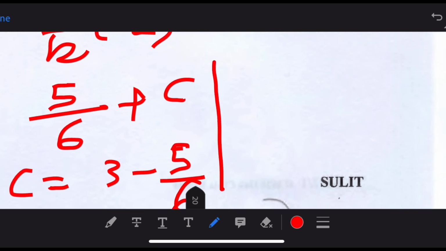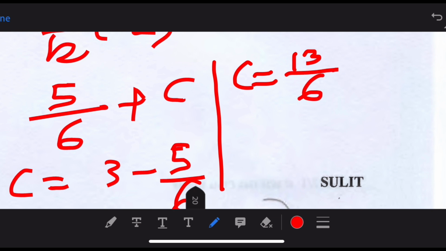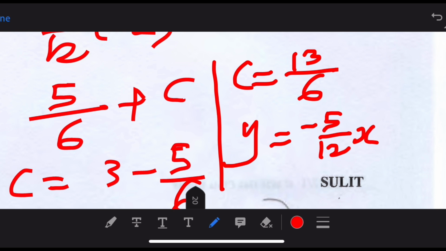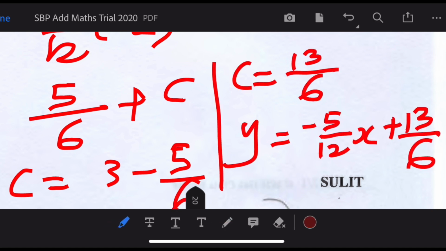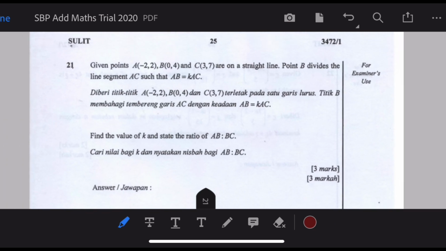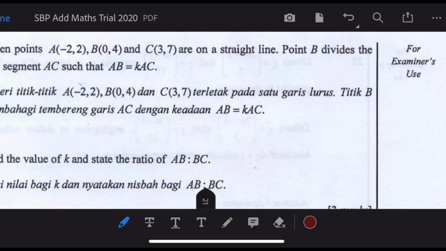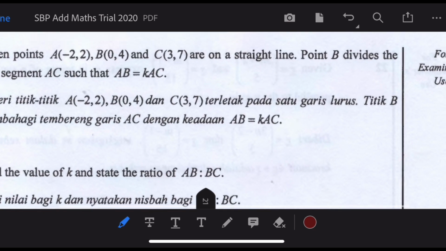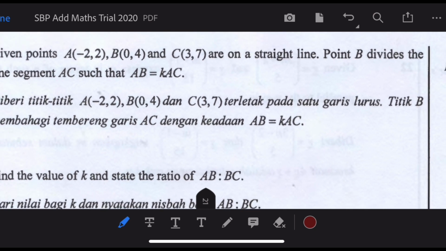So you make the denominator the same, so it's 6 times 3, 18 minus 5, which is 13/6. Finally, don't forget to rewrite the equation of the straight line like this, so that you can get full marks for the equation of the straight line, and make sure you put a negative in the middle of the line.